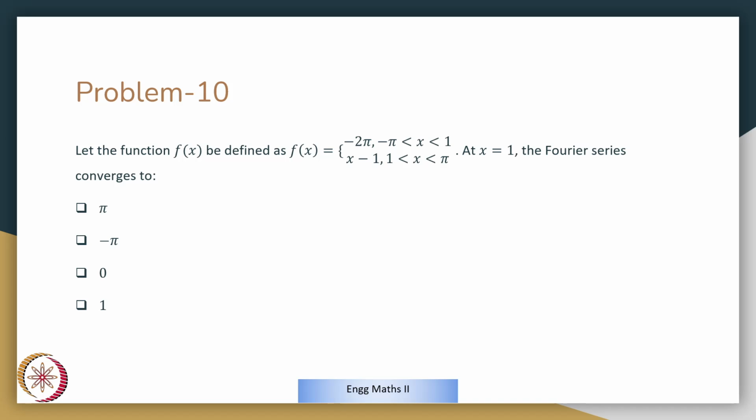And finally, we have another function f of x, which is minus 2 pi when x is between minus pi and 1. This is pi, this is 2 pi.